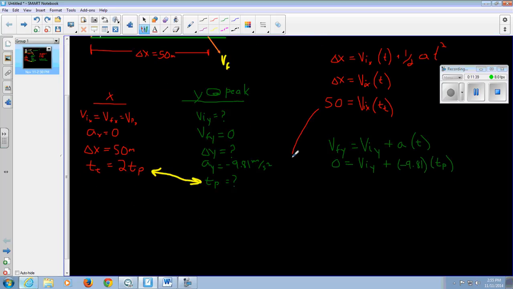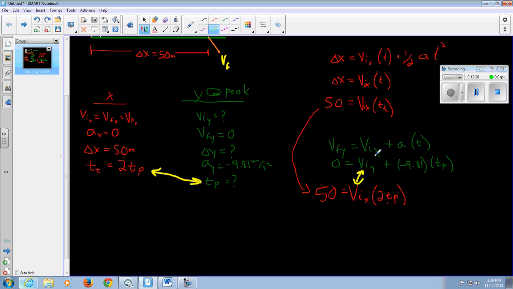So we're going to move this down here and say this is 50 equals initial velocity in the x direction times 2 times time peak. That's substituted in for total time. Okay? The reason I do that is because now I only have 1, 2, 3 unknown variables.